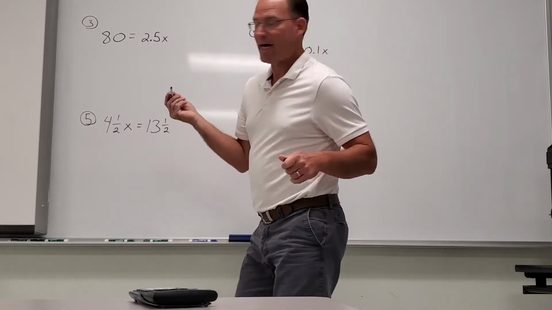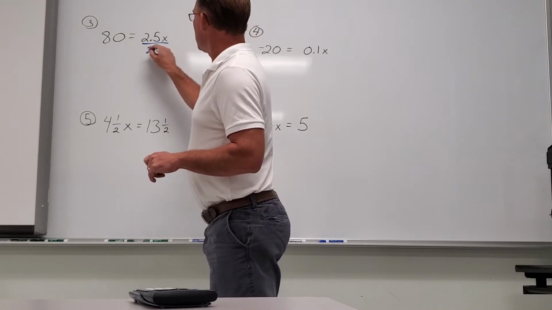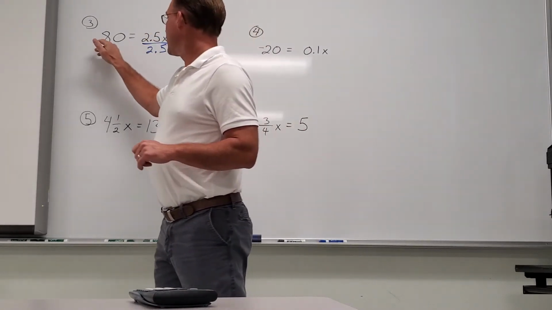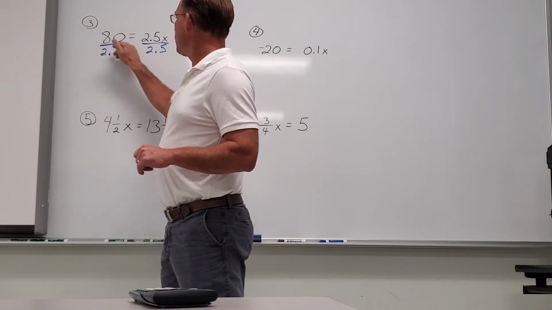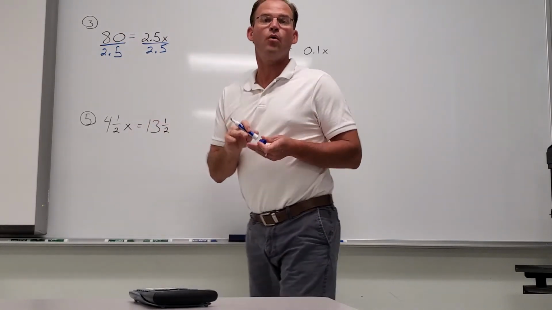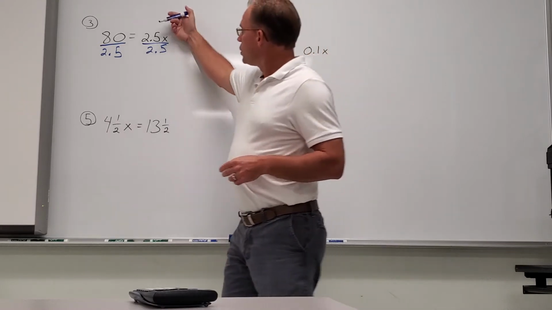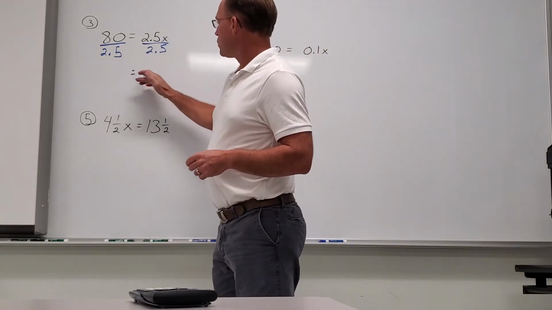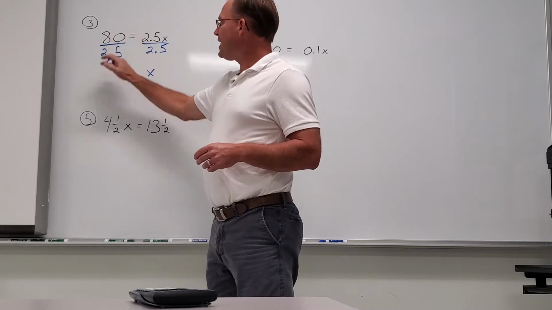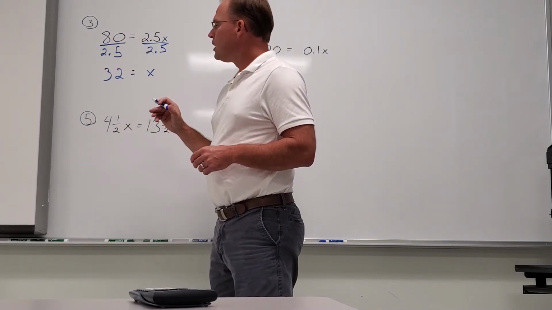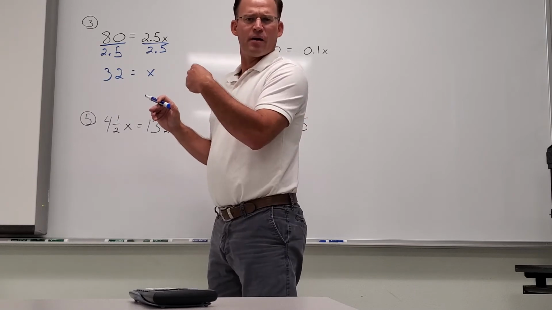I need to divide by 2.5, working from the variable side. Divide by 2.5 on both sides of the equation. 2.5 divided by 2.5 is 1x. 80 divided by 2.5 is 32. Double check that for me. If I got a problem, let me know.